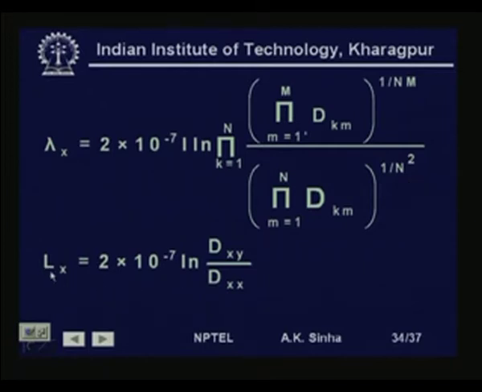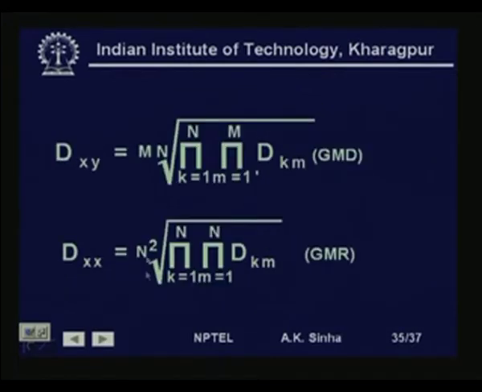Therefore, we can calculate Lx, which will be equal to 2 into 10 to the power minus 7 log n dxy by dxx, where this term we are writing as dxy, and this term we are writing as dxx, as we will show.